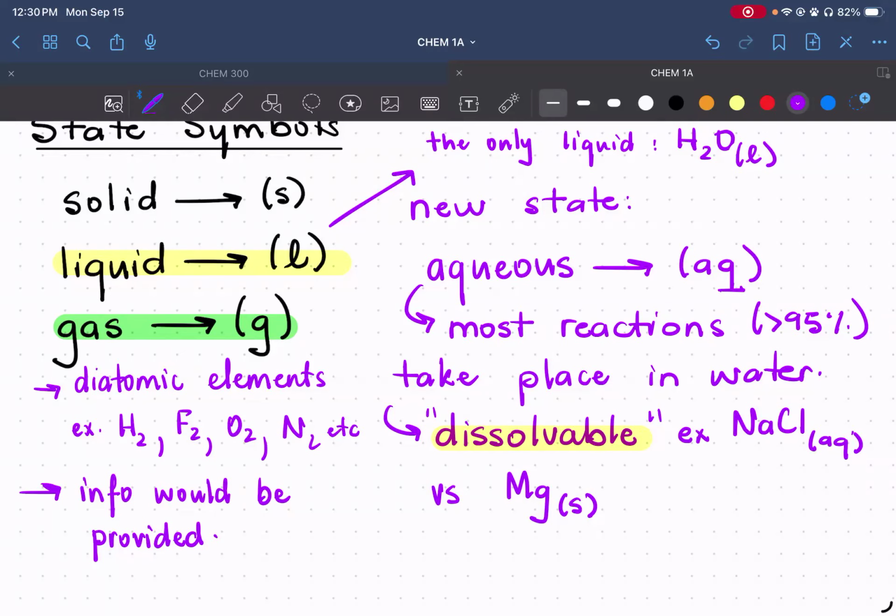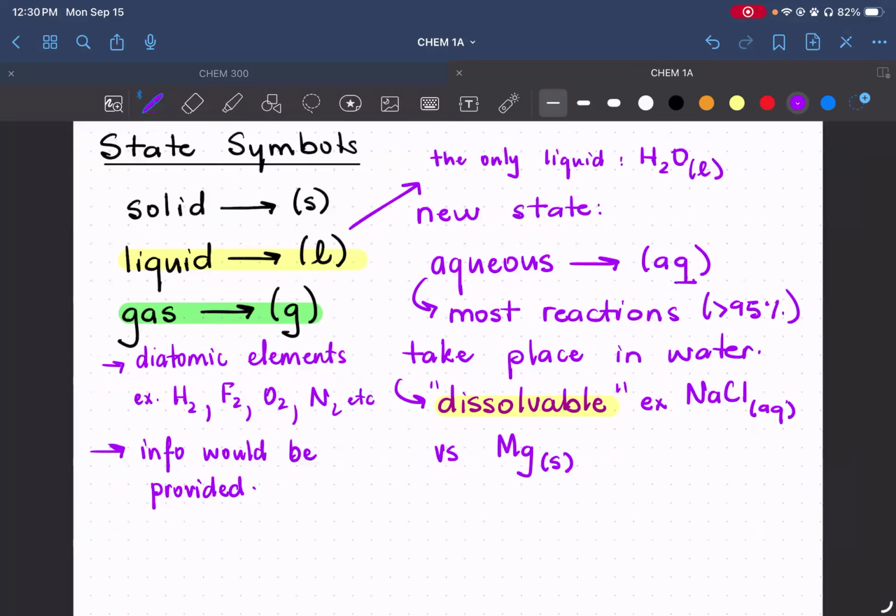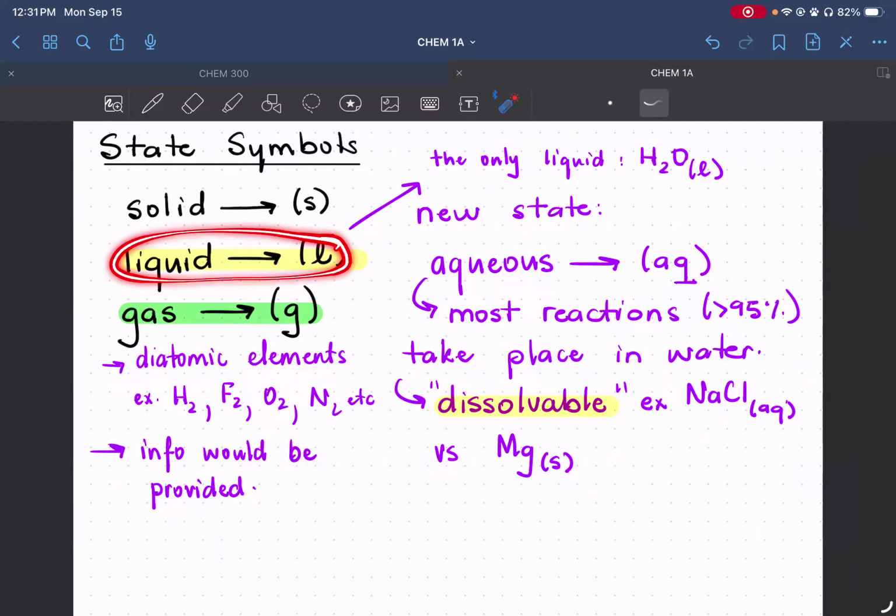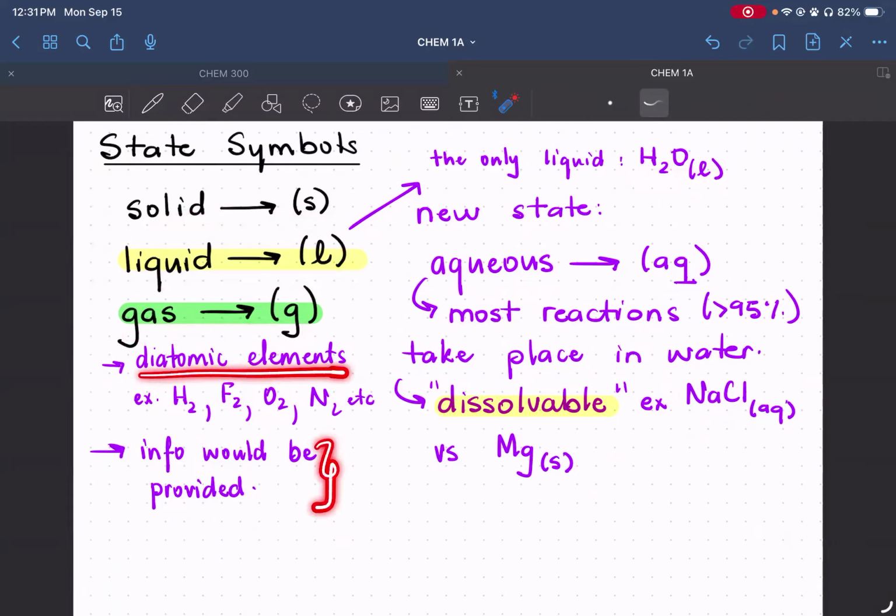Then it would be up to you to make an educated guess as to which one is the gas. So liquids and gases are fairly straightforward to identify. Like I said, the only liquid we will encounter is water. And the gases are a matter of either you remember your diatomics or some information would be present in the question that would tell you a gas is present.